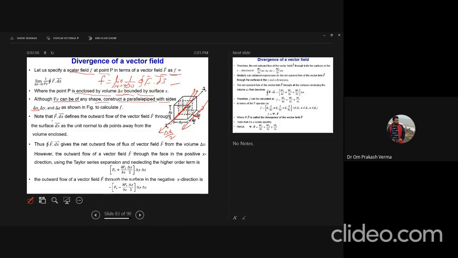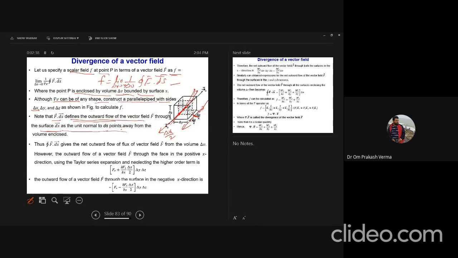So F dot ds defines the outward flow. We have already seen in the definition of the scalar field, the volume integral and the gradient of the scalar field, and the surface integral. The F vector dot ds defines the outward flow of the vector field through the surface ds, with ds as the unit normal.